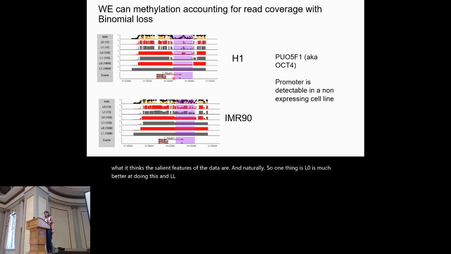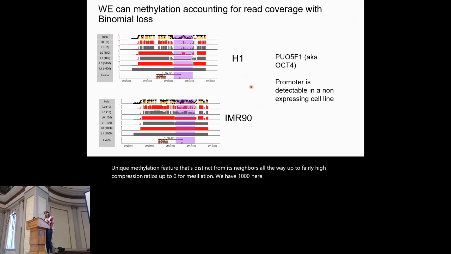Naturally, one of the features you see is that in H1, the promoter, which is a hypomethylated region, this being an expressed gene, is very naturally identified as a unique methylation feature that's distinct from its neighbors, all the way up to fairly high compression ratios, up to 1,000 here for methylation.